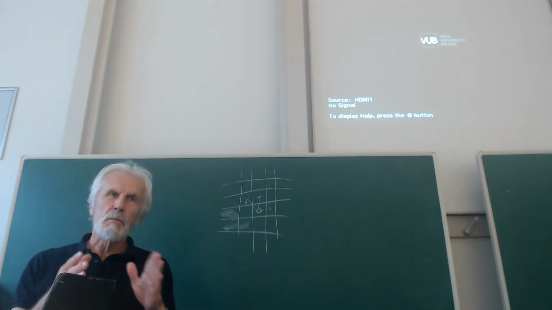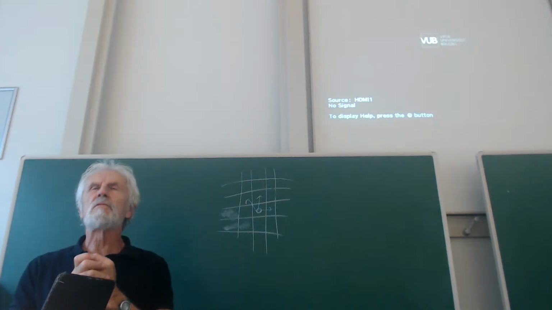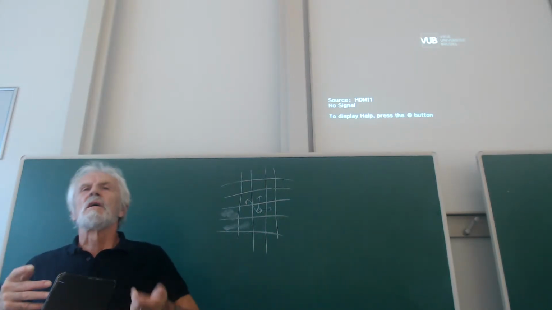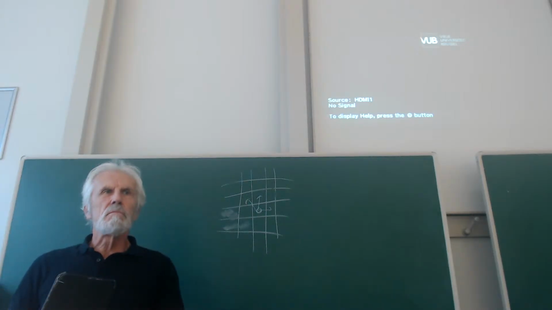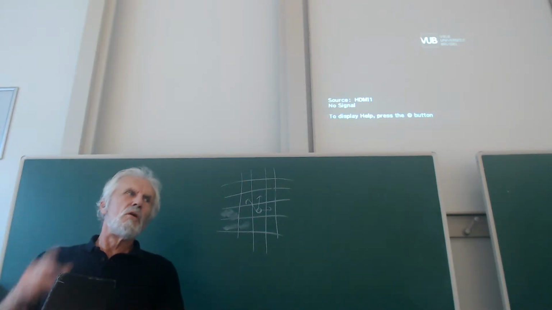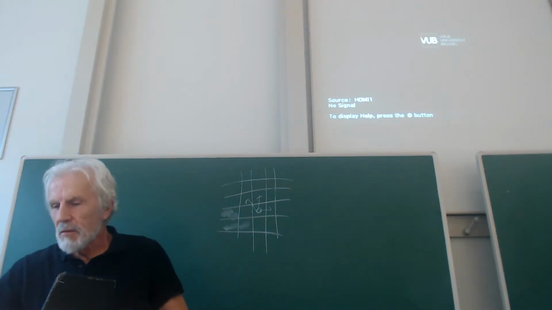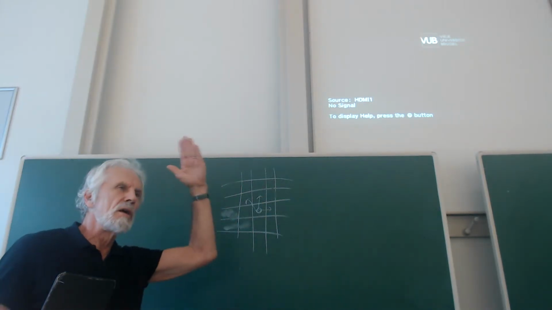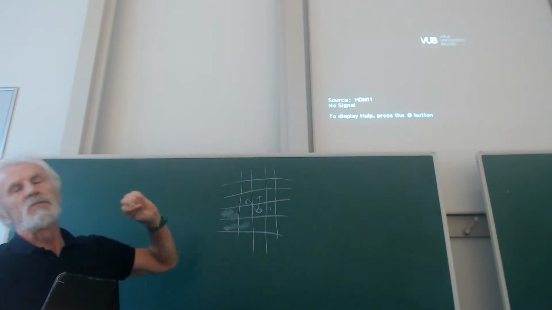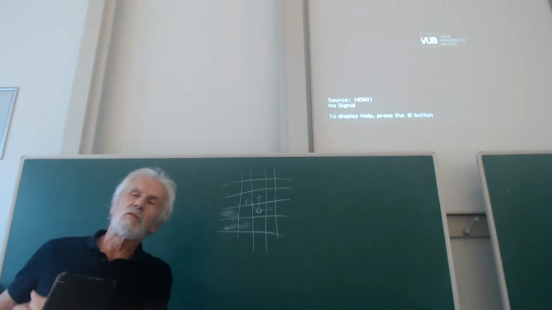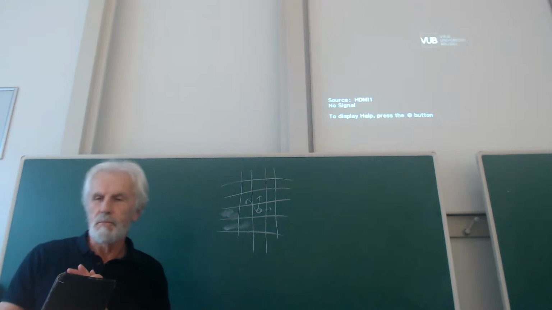The prisoner's dilemma is a game that is a bit, you might say, vicious in the sense that you can cheat in it, and if you cheat, you win more than if you play fair. So what are the possible ways? Each agent has two moves. One of the moves is called cooperate, that means being nice, and the other one is called defect, that means cheat.